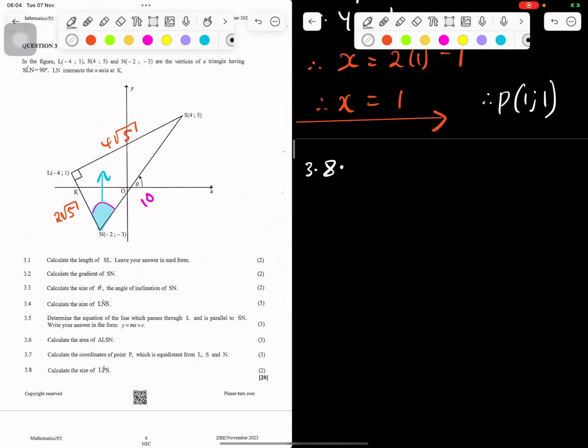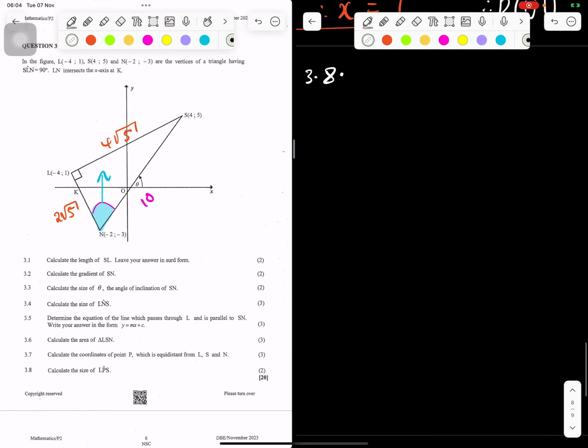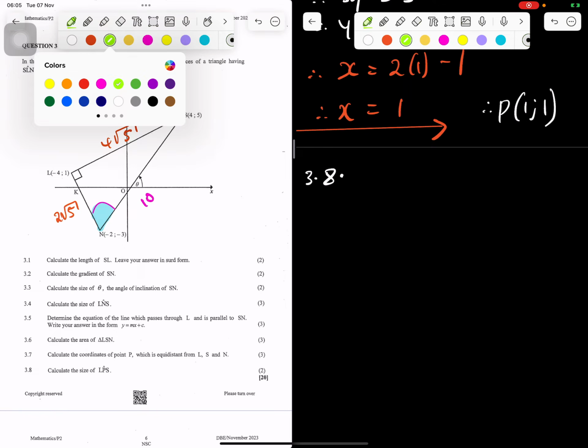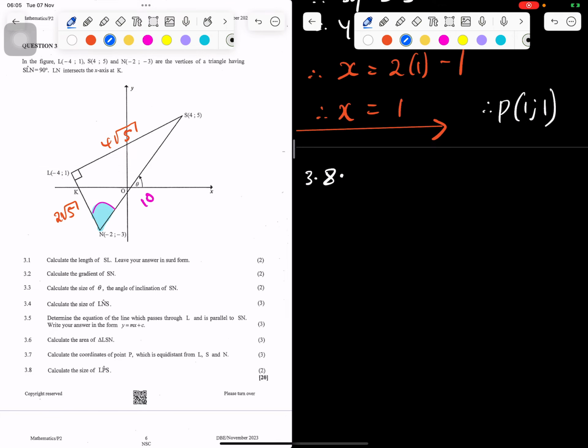And then 3.8 is a grade 10 concept actually. Calculate the size of LPS. Okay, so now allow me to do it in this way. If you check point P, it is (1, 1).